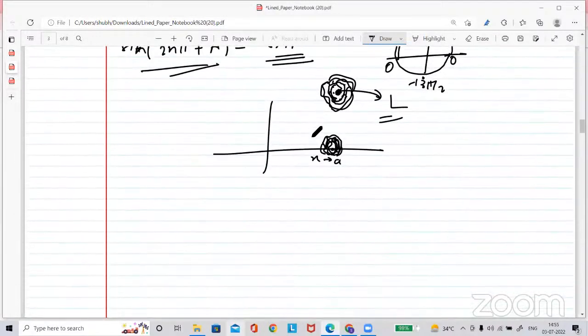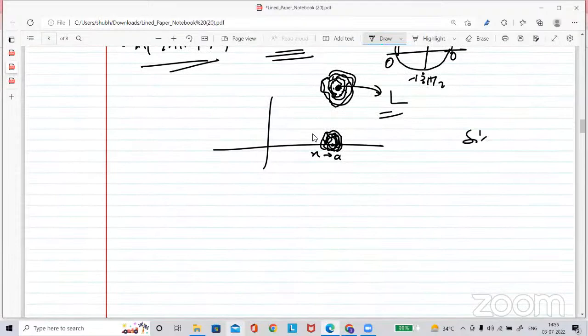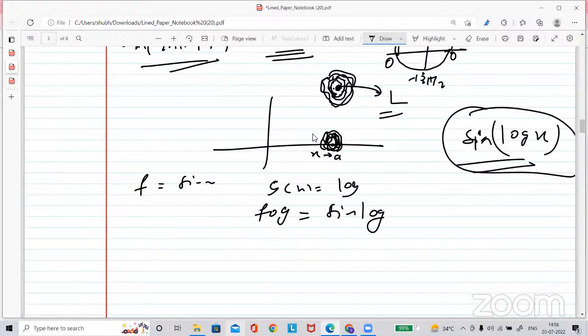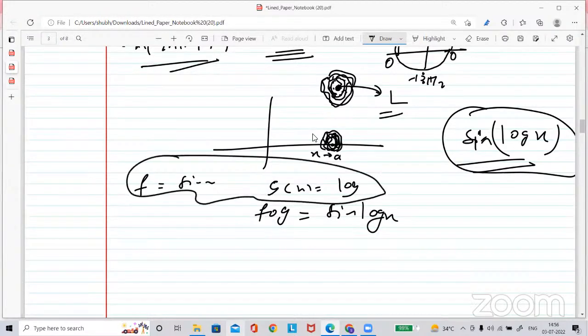What I mean to say is, suppose you have f(x) equal to sine and g(x) equal to log, and f of g is going to be sine log. If you want to find the limit of it, first find this expression, and then think of the limit.